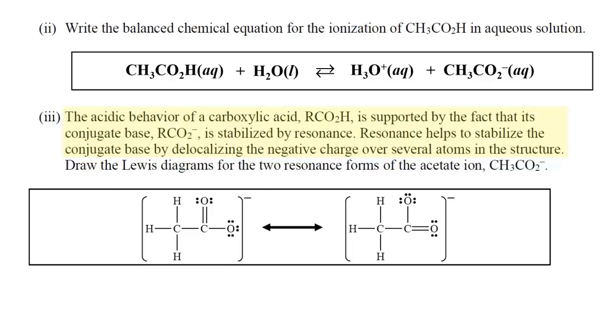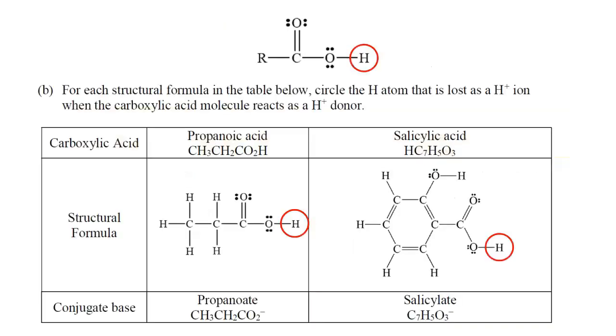Now, also in that video that includes topic 8.6, I had given a few examples of carboxylic acids, and you can see them on this slide. So with propanoic acid and with salicylic acid, students had to circle the hydrogen atom that would be lost as an H+ ion when a carboxylic acid molecule reacts as a proton donor.